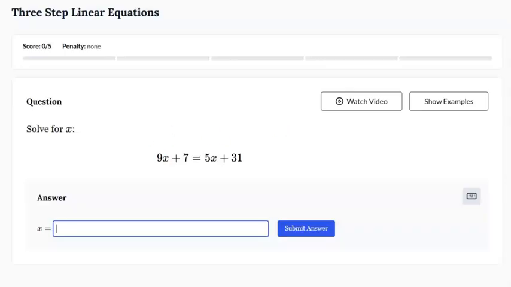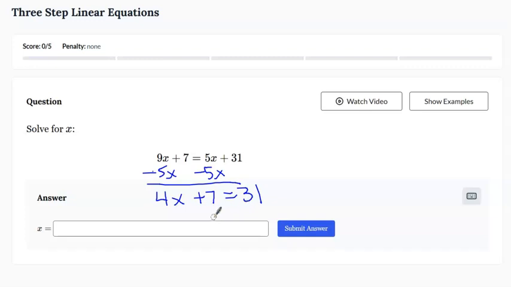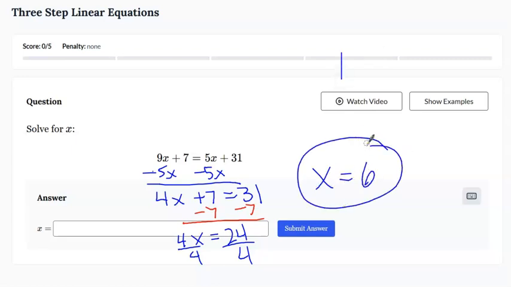For the next section, you're going to solve 3-step equations. One step is get the letters on the same side. Get the constants on the same side. Final step, divide by your coefficient. And that's it.